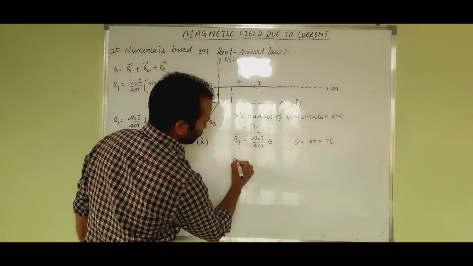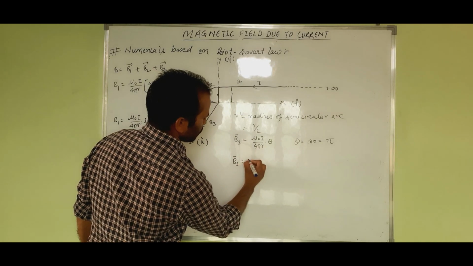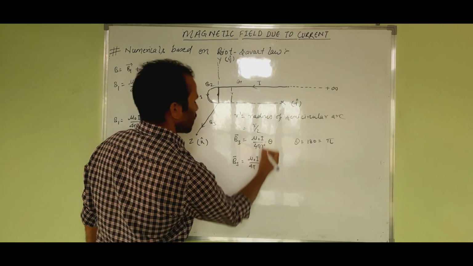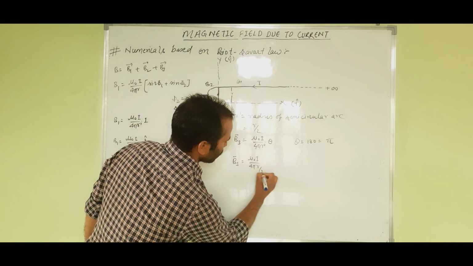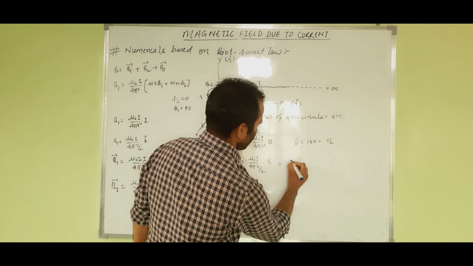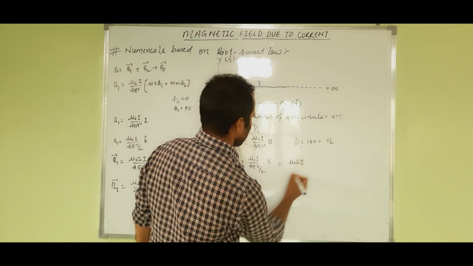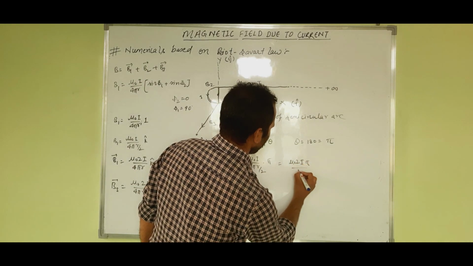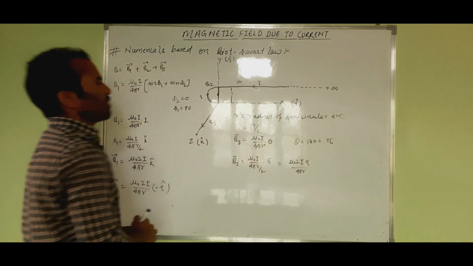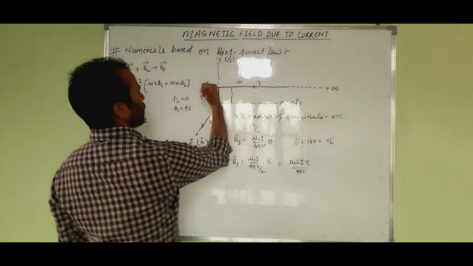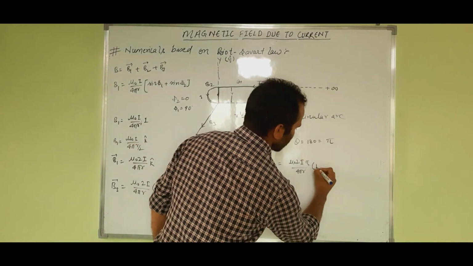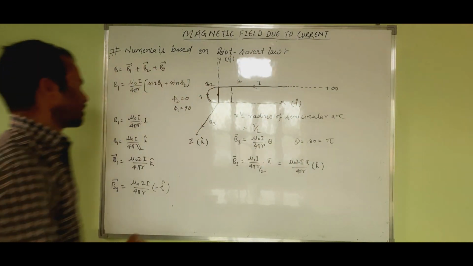So B2 will be mu naught I upon 4 pi, where r dash is r by 2 and theta is pi, so we can write it as mu naught 2I pi upon 4 pi r. The direction of the magnetic field due to this semicircular arc will be upward, along the positive z direction, that is positive k unit vector.